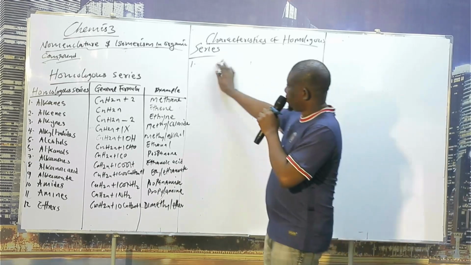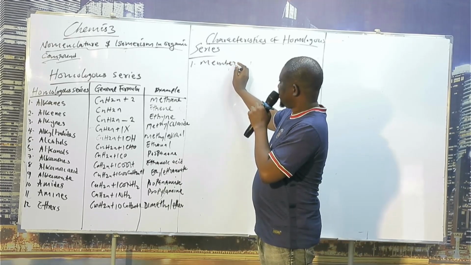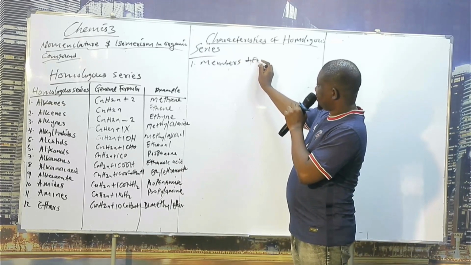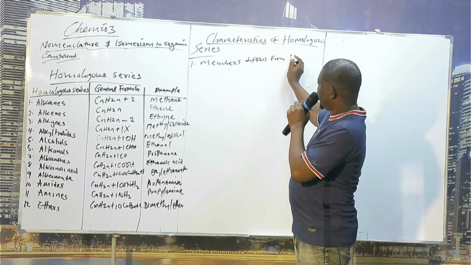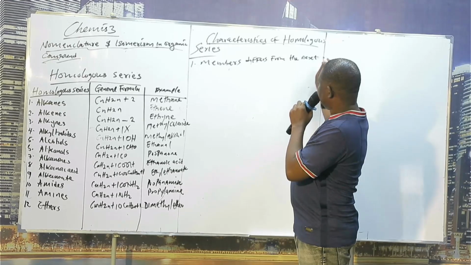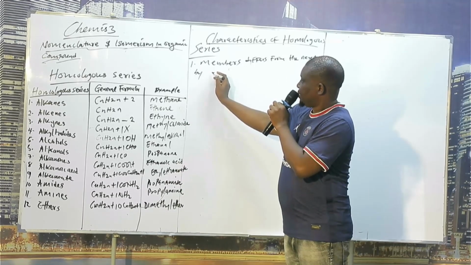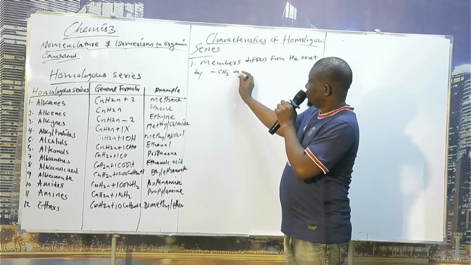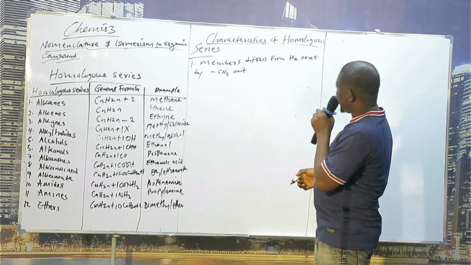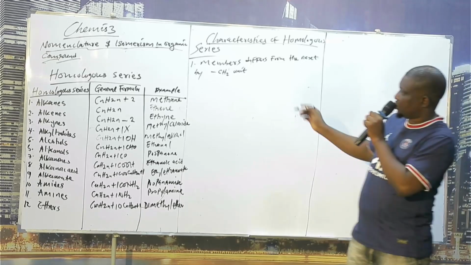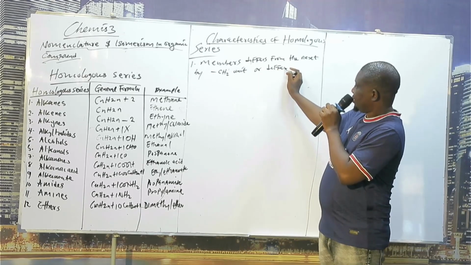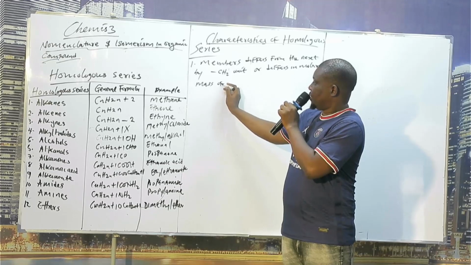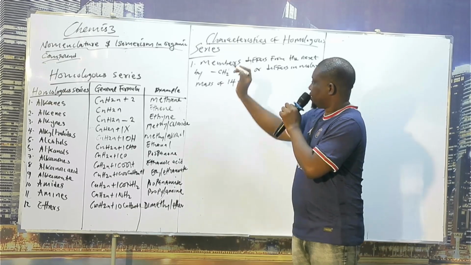Members differ from the next by CH2 units, or differ in molar mass by 14.0 grams.